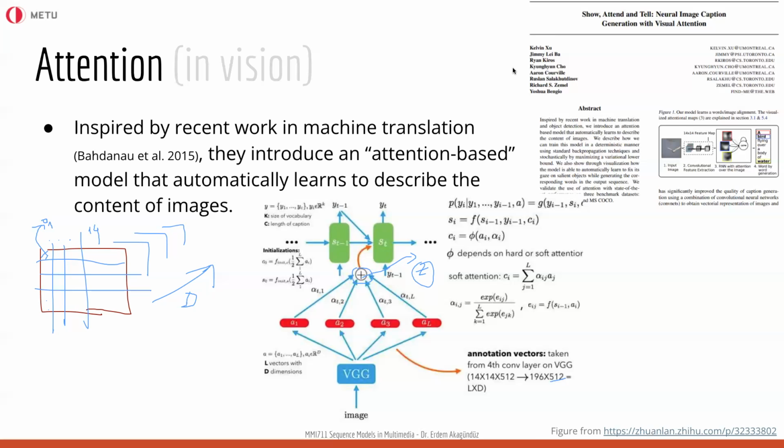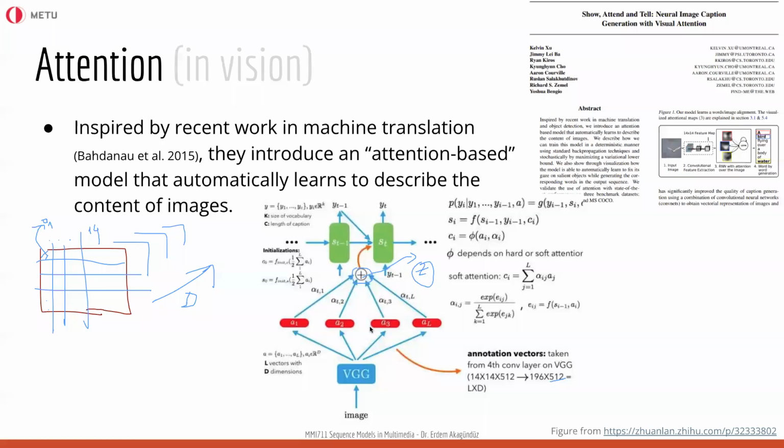So that's how the sequence dimension is introduced in this image captioning problem, because the image was not a sequence. This is how I treat the image signal as a sequence: a sequence of different regions of the image. Each token, each region, is represented by the 512 filter activations.